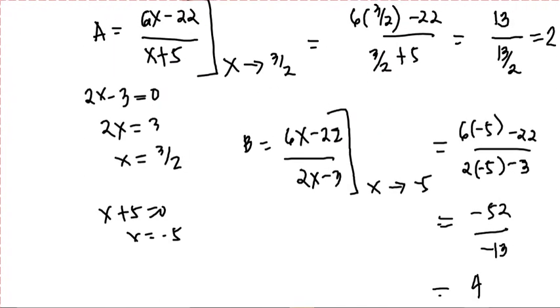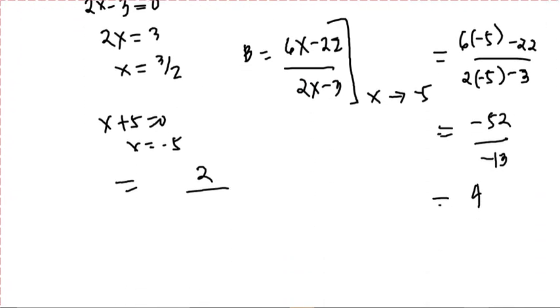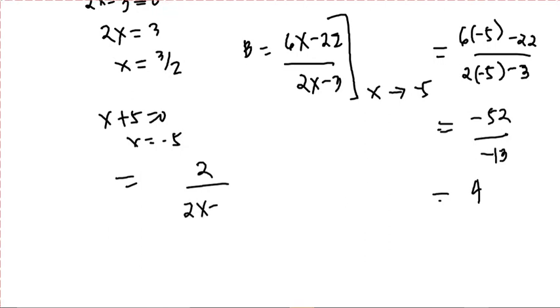And then our final equation will be 2 all over 2x minus 3 plus 4 all over x plus 5.